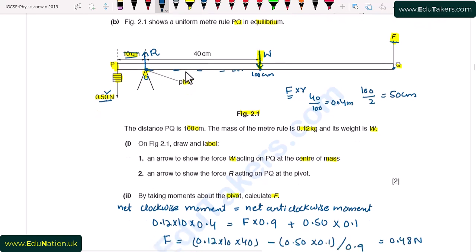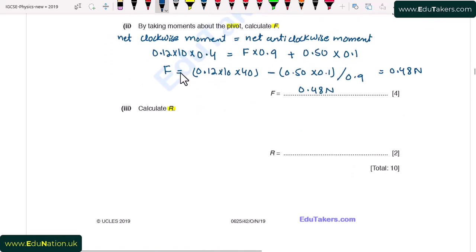So I write here total upward forces will be equal to total downward forces.